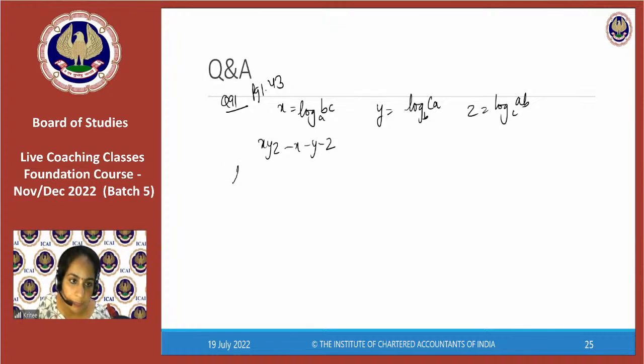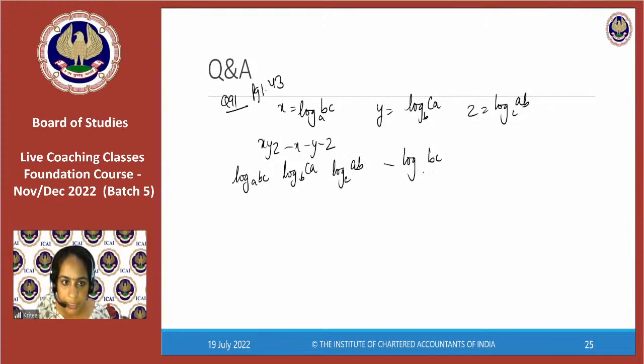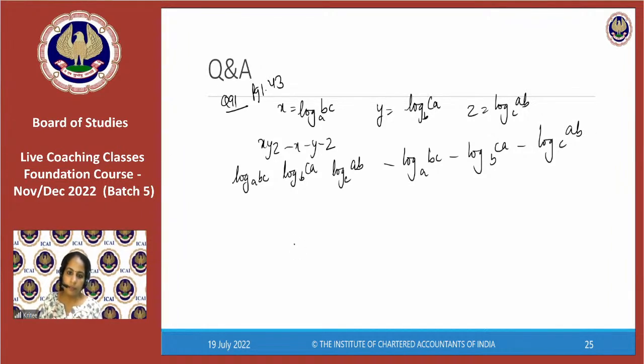Substitute the values: log BC base A into log CA base B into log AB base C minus log BC base A minus log CA base B minus log AB base C. Okay, what should we do?